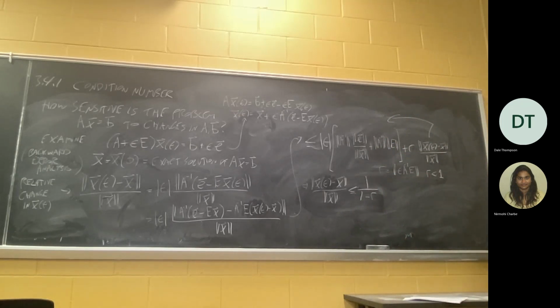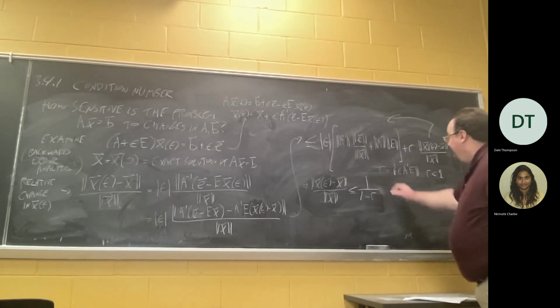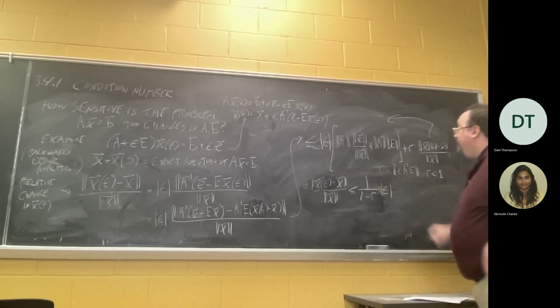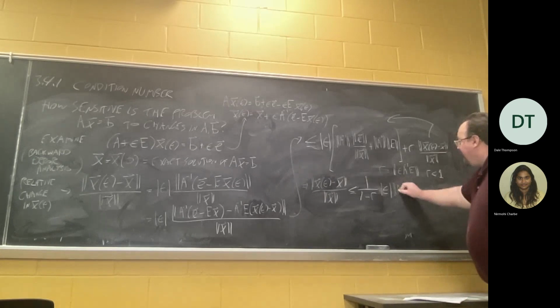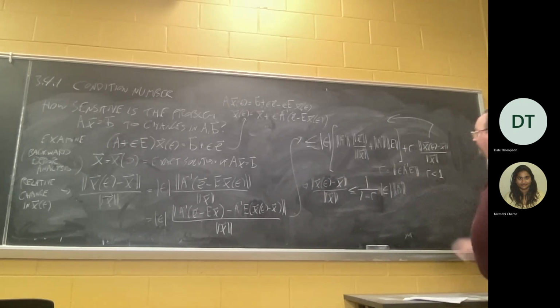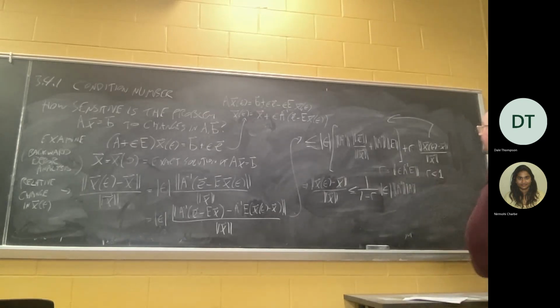And what's left here is I have epsilon, and then in what's inside, I have a common factor of norm of A inverse. And what I'm going to do is multiply and divide by the norm of A. So I put norm of A here.